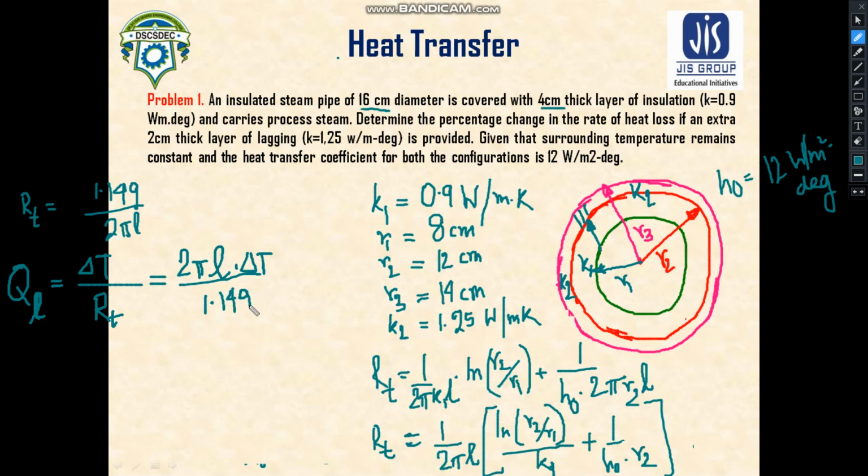Okay, so you will get a result of 1.747 pi L delta T. This heat loss is expressed in terms of L and delta T, because in the second case we will express it in the same way, so that it can be easily calculated.